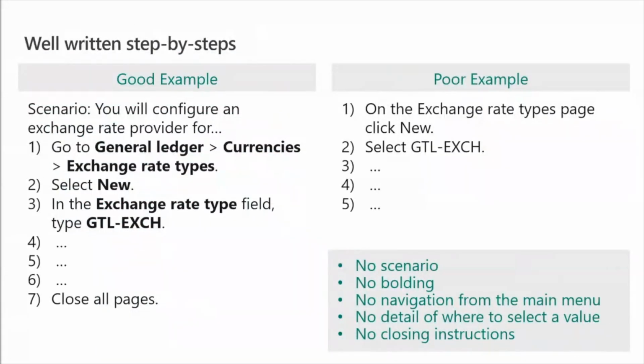So I've put up an example here of well-written step-by-steps and a poor example. On the left-hand side, you can see we start with the scenario. We're saying go to General Ledger, Currencies, Exchange Rate Types, and each UI element, everything that you're going to click on in the system, is bolded.